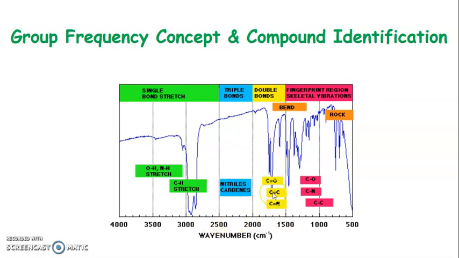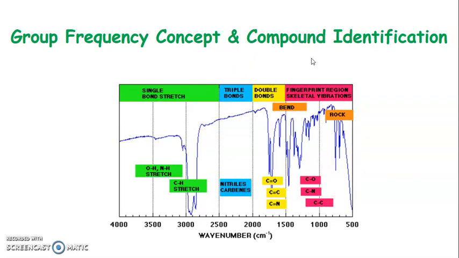This makes these bands diagnostic markers for the presence of a functional group in a sample. These types of infrared bands are called group frequencies because they tell us about the presence or absence of specific functional groups in a sample. Thus, the main application of IR spectrum is the compound identification.